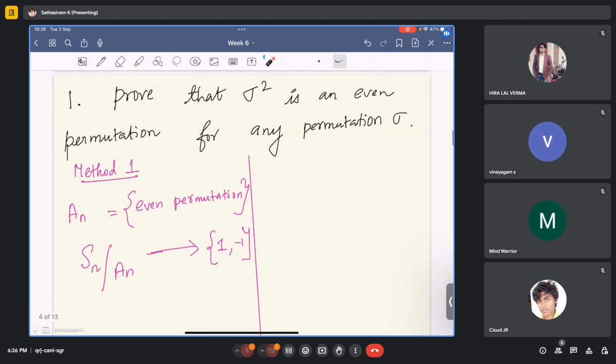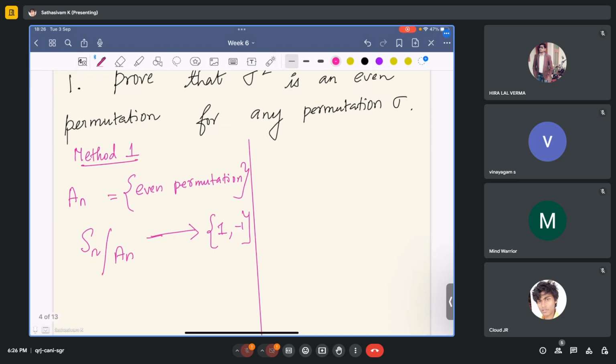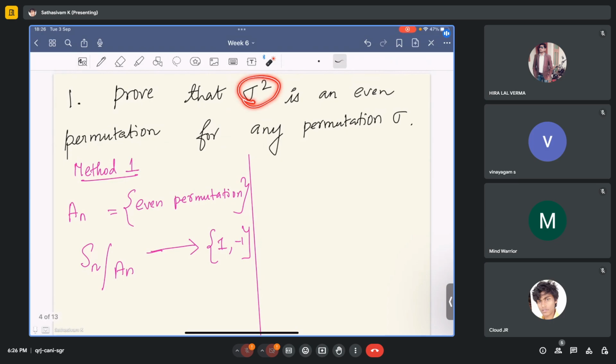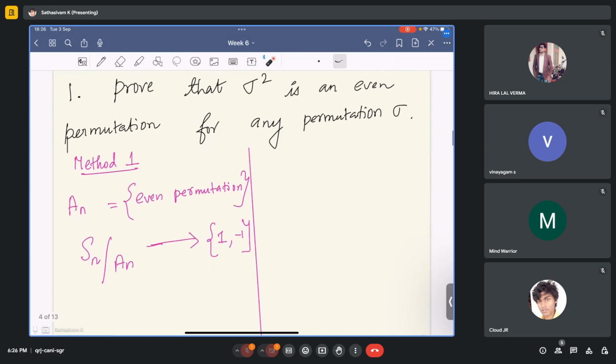So once you have this map, what you observe is whatever the sigma is here, if you take the sigma square, it will go to 1. Let me write something else.